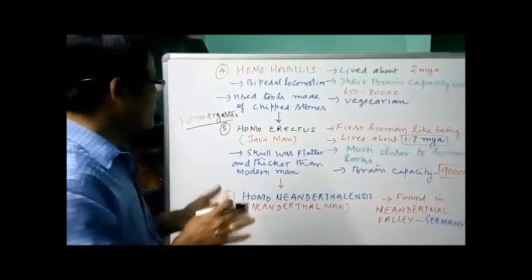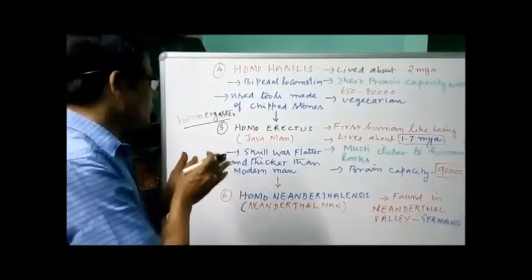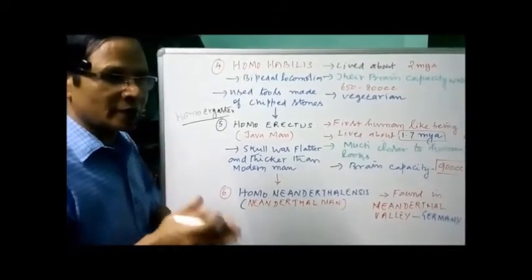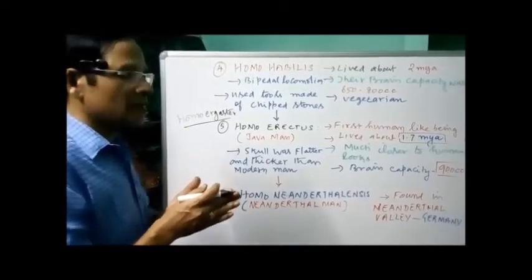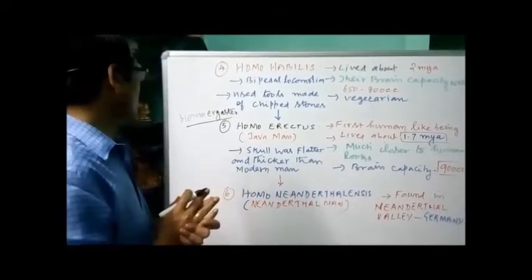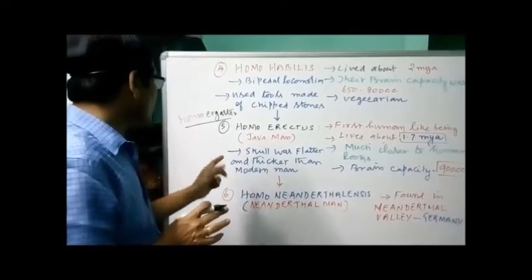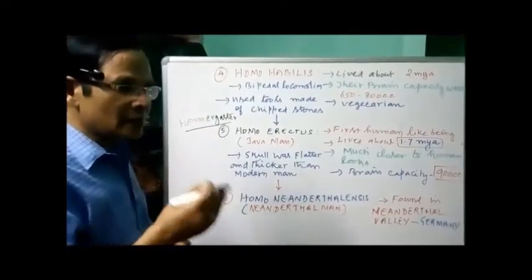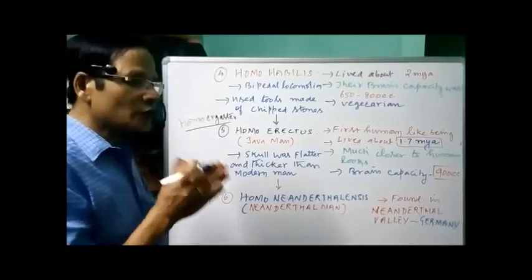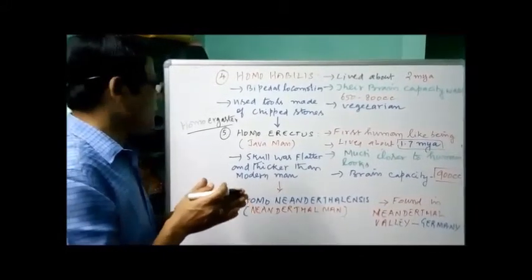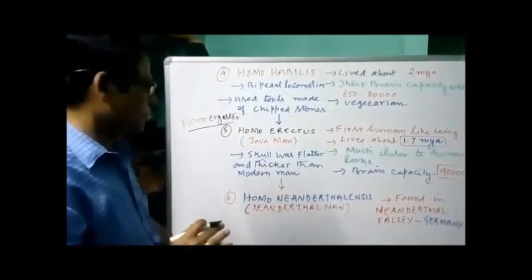And we had fossils similar to Homo erectus, like Homo erectus pekinensis, Homo erectus heidelbergensis, etc. And Homo erectus and Homo ergaster, another fossil man, were the first to leave Africa to reach other parts of the world.